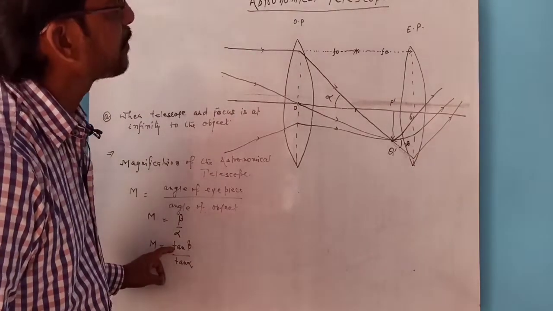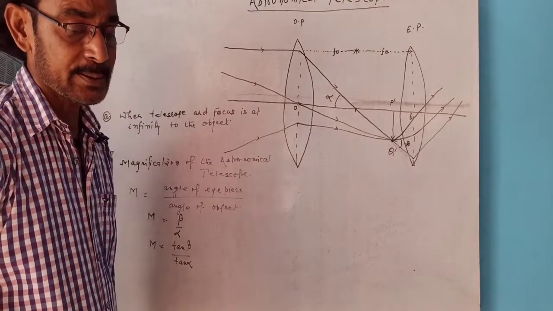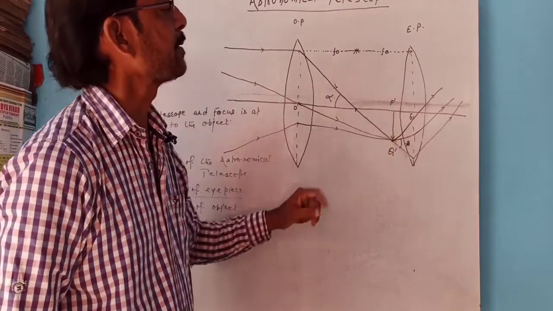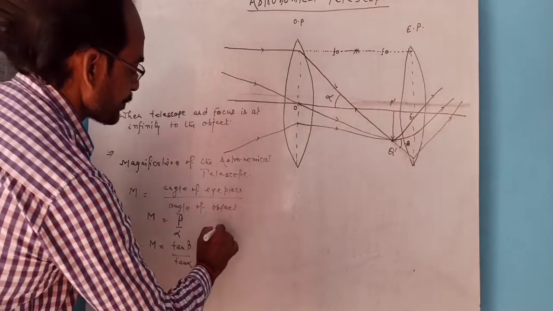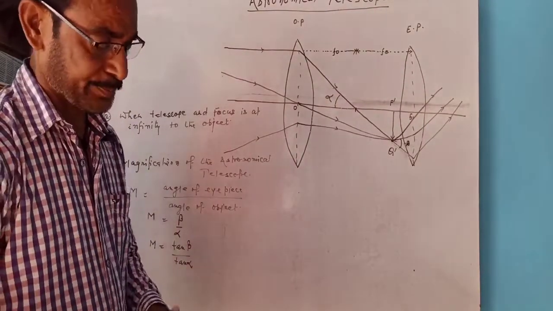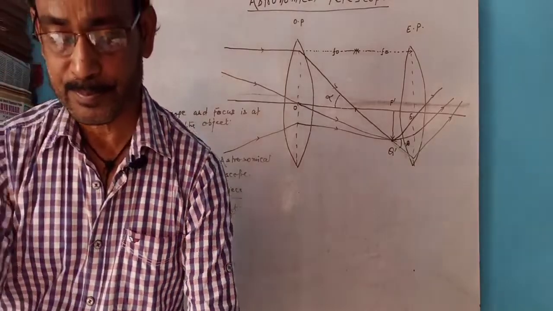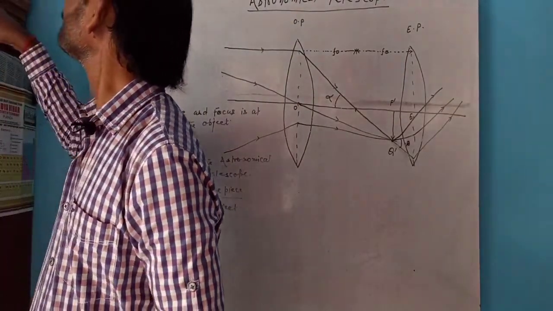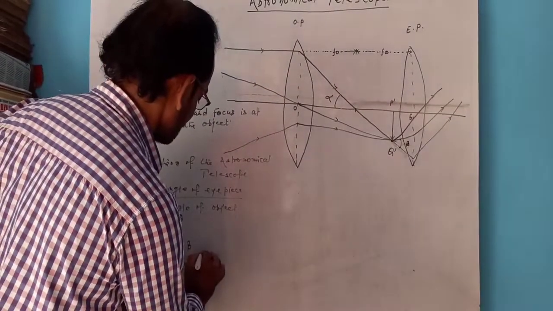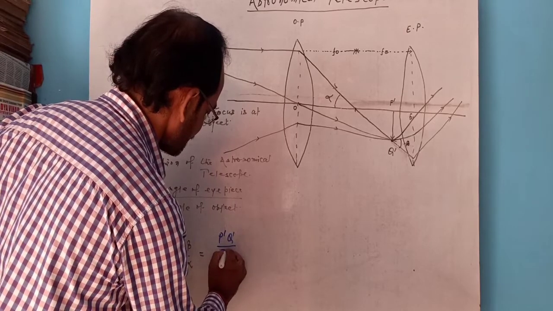According to tan beta at the eyepiece, we write P dash Q dash upon EP dash, perpendicular upon base.